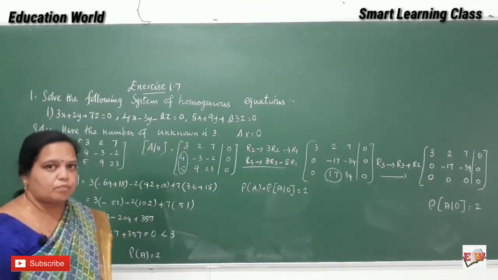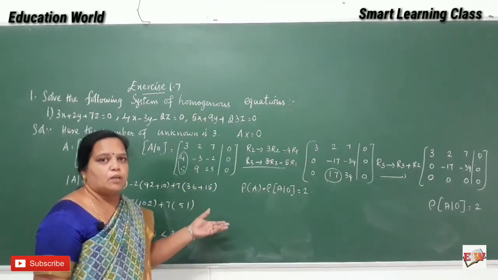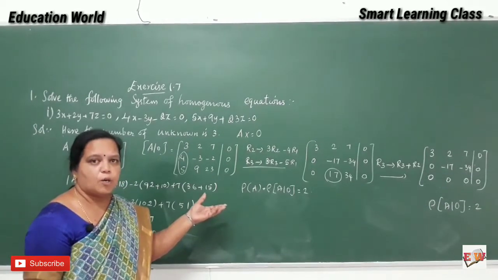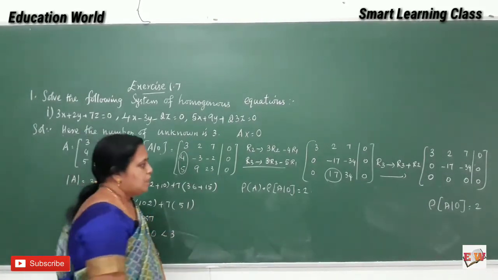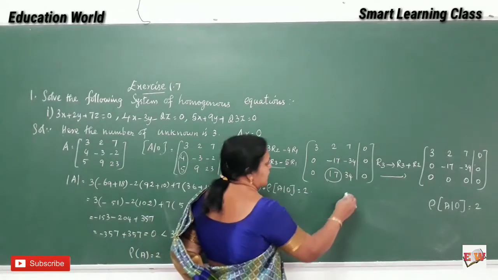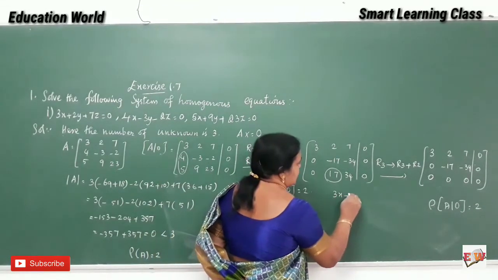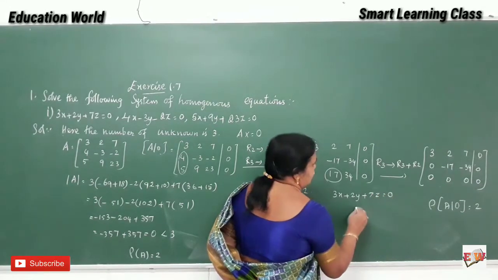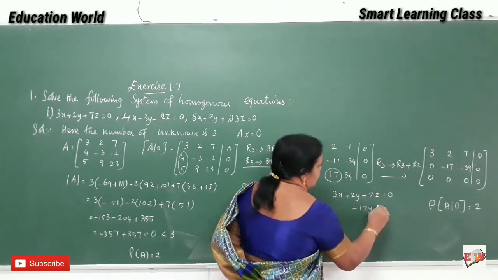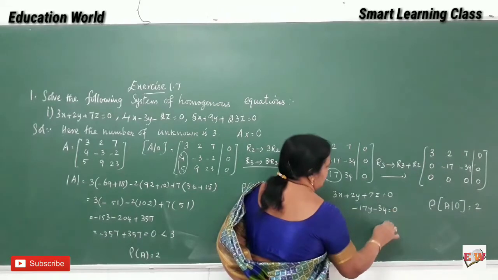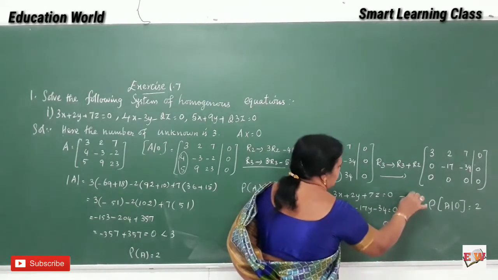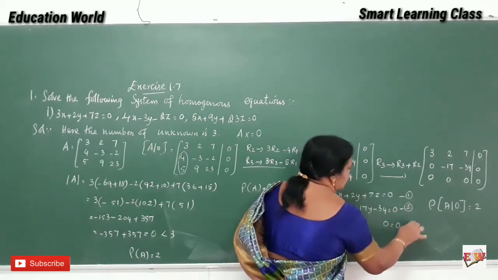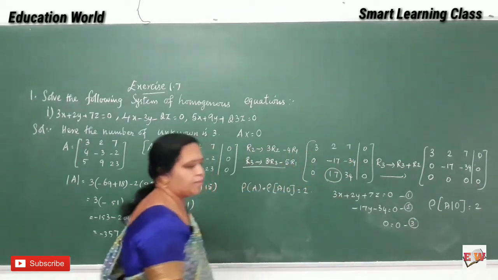So we have to introduce an arbitrary real number. For that, first we have to write the equivalent system: 3x + 2y + 7z = 0, minus 17y minus 34z = 0, 0 = 0. This is equation 1, equation 2, equation 3.